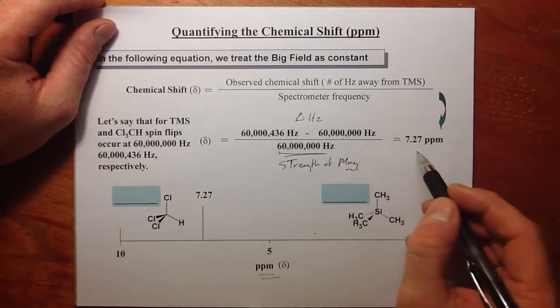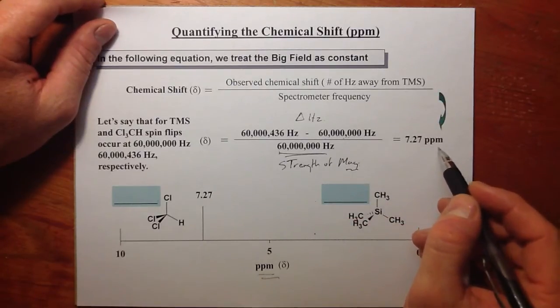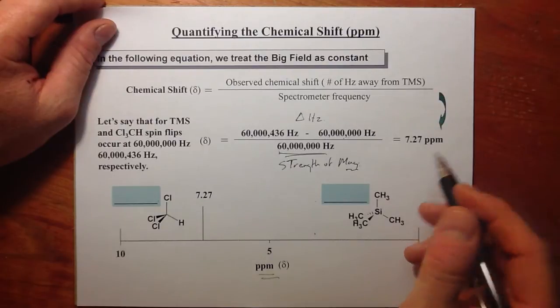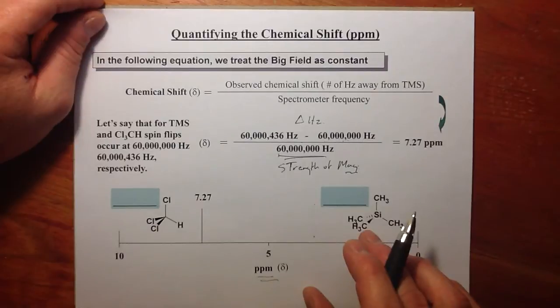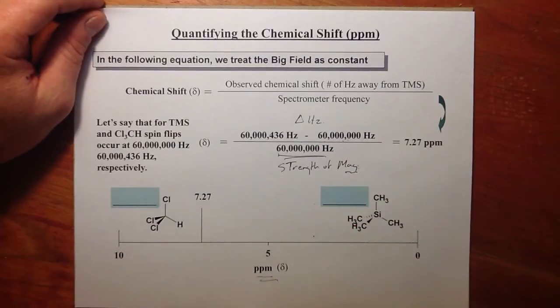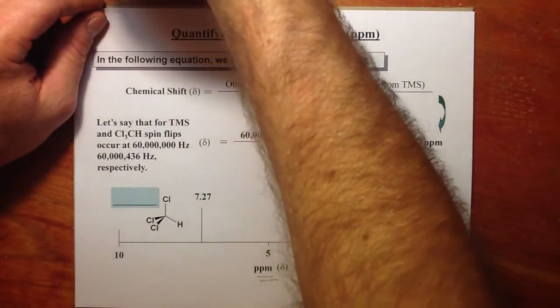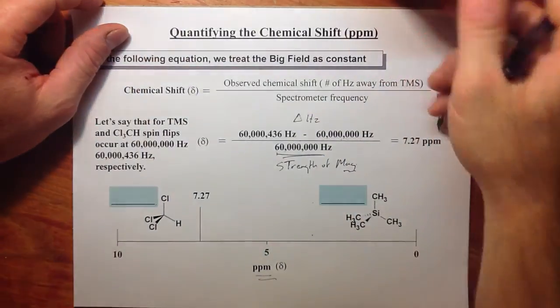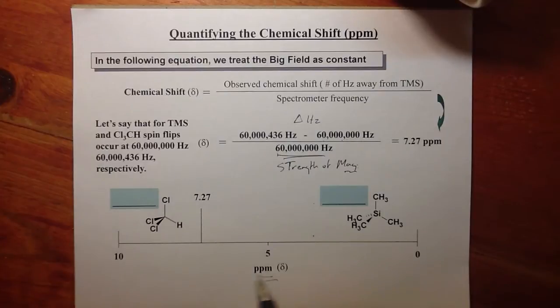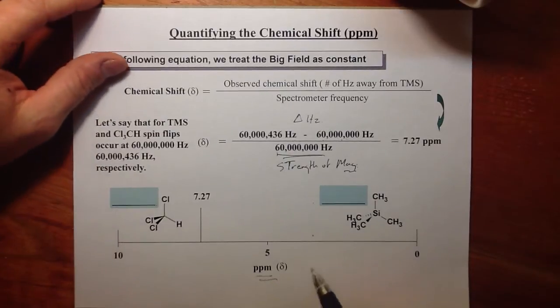That would give us what we call a parts per million signal, a relative signal, not an absolute signal. So we can take out the strength of the magnet by using ppm as our chemical shift signal, measuring the samples by ppm and not by frequency.